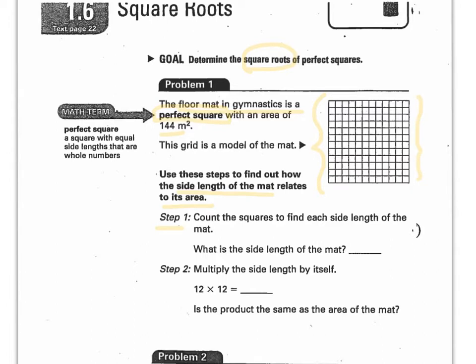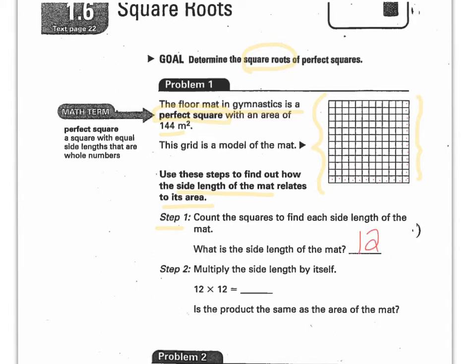How many squares high is it? 1, 2, 3, 4, 5, 6, 7, 8, 9, 10, 11, 12. Let's count the bottom. 1, 2, 3, 4, 5, 6, 7, 8, 9, 10, 11, 12.